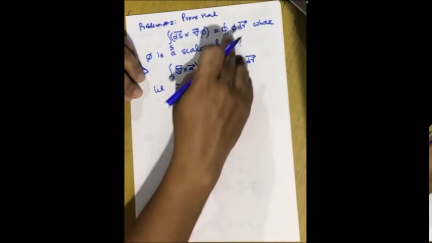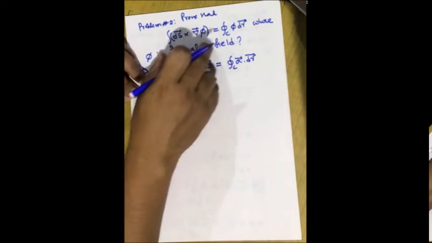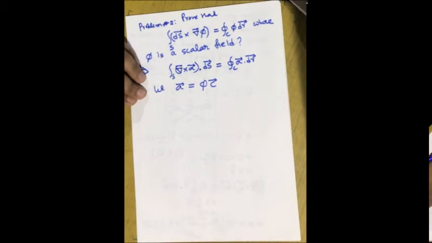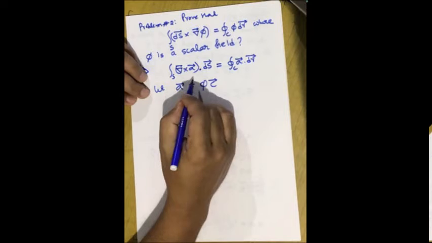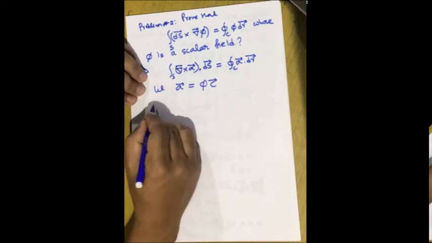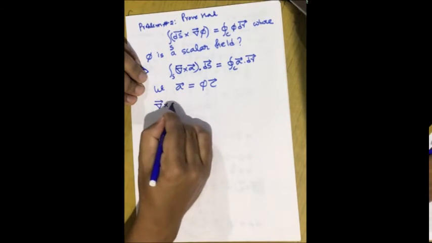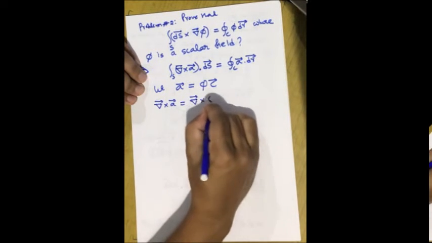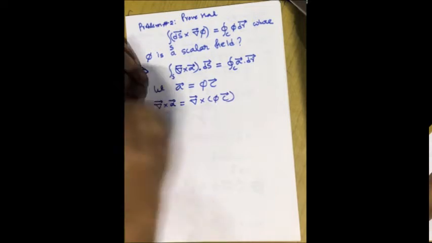Here phi is the same phi which is there in the problem. Phi is a scalar field. So A is equal to phi into c. Let's write it like that. Okay, now what we have to find? Del cross A. So let's see what will be the value of del cross A. Del cross A vector will be equal to del cross phi into c vector.